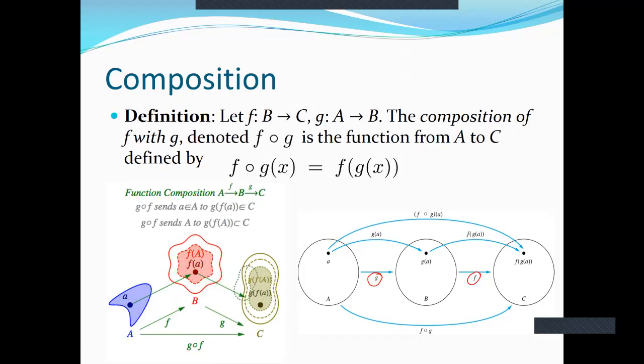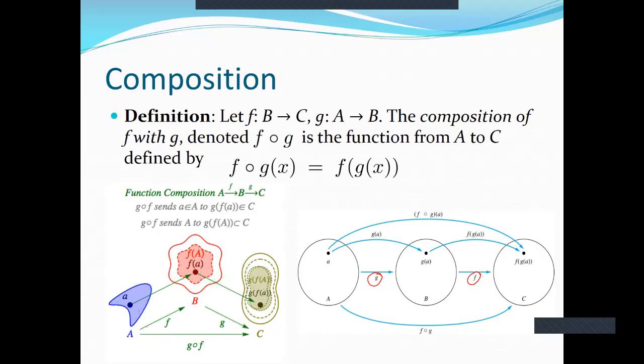You might wonder why we have written it in reverse form, F and then G. I will explain it in a few seconds. Let's see the definition first, or before that let's see this animation. So a set A, B and C. Set A is mapped to set B with a function F, right?